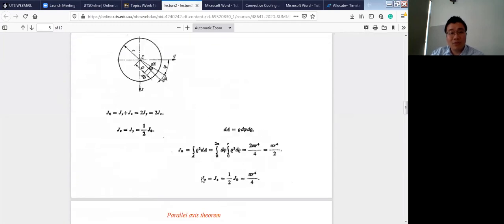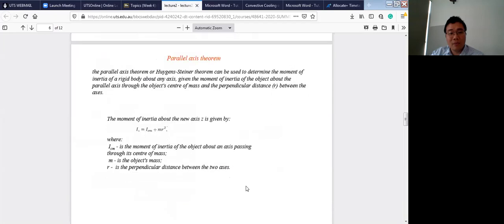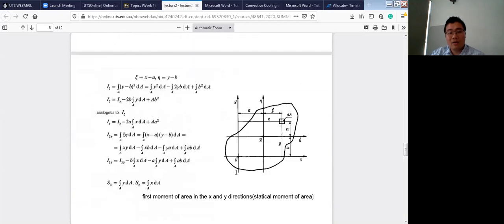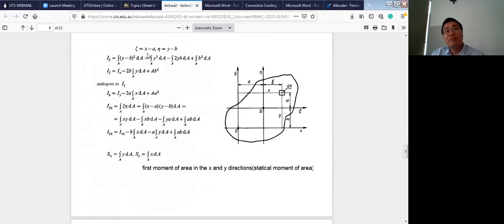For example, for the circle, you have this one, and for different areas, you have the equations here to find the second moment of area. So you don't have to remember, and you don't have to know why you have the equation in the course note.